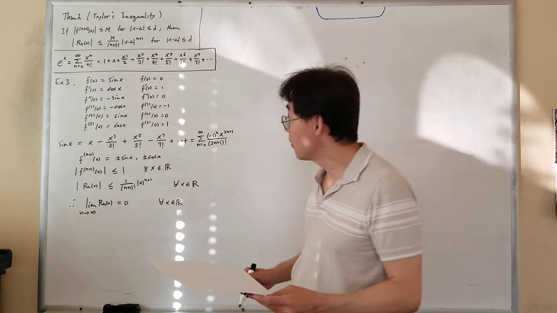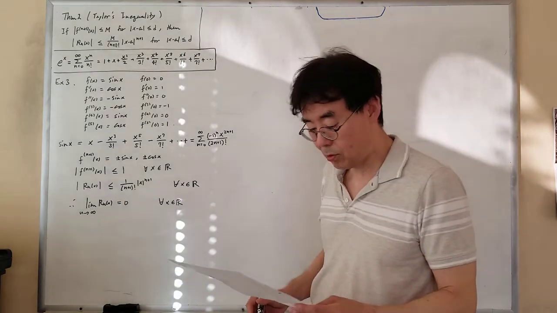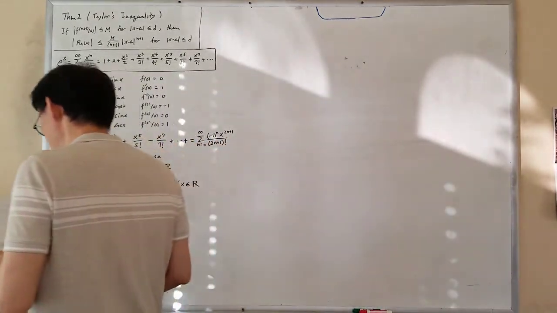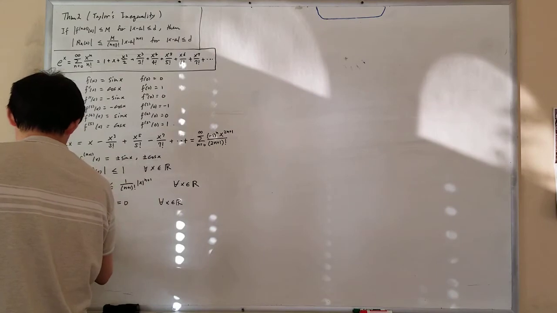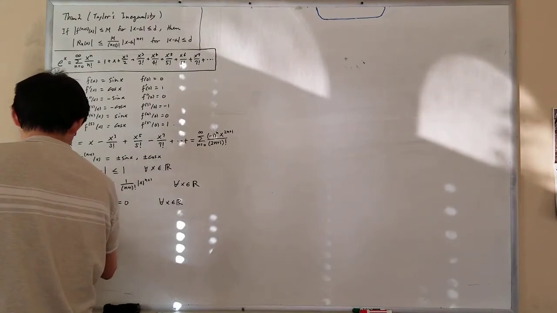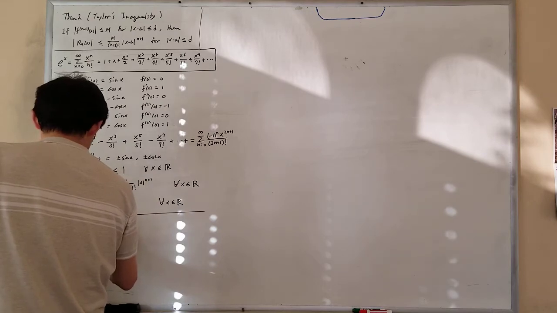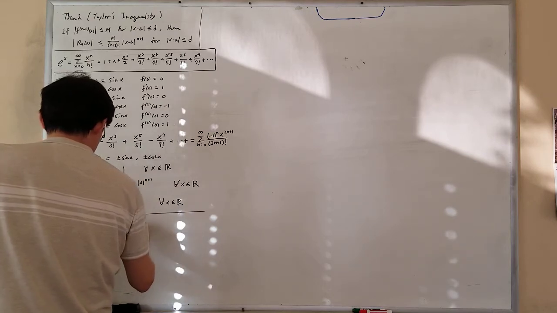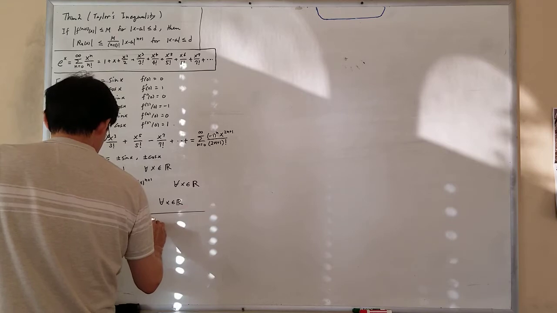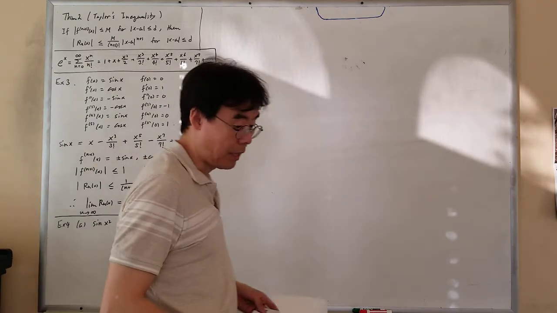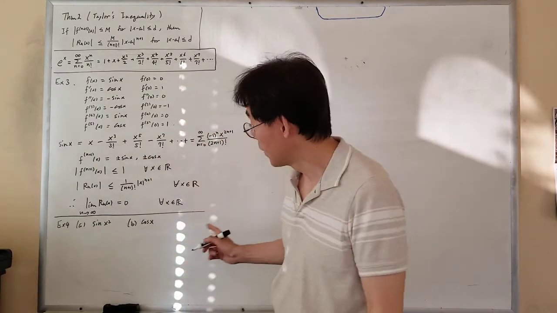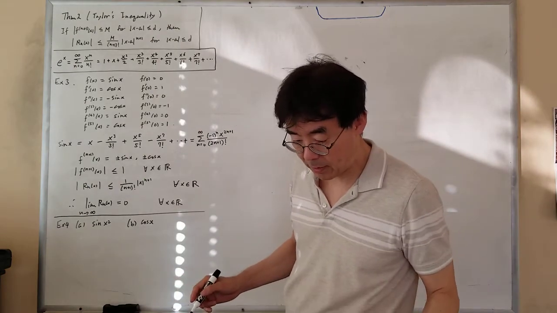All right, and now example 4, we want to consider cosine of x and sine of x squared. Okay, let's do b first.